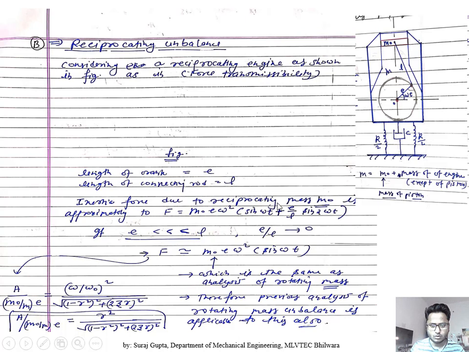So the inertia force due to the reciprocating mass is approximately m0 e omega square times sine omega t plus e by l sine 2 omega t. We have assumed that e is very much less than l, so e by l tends to 0. This we have done in the subject theory of machines.